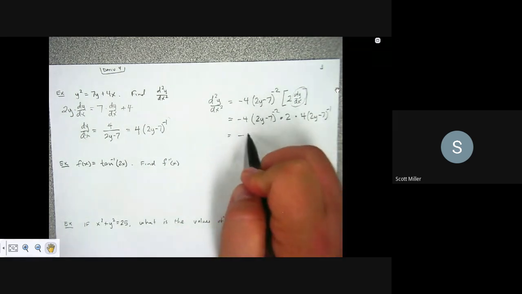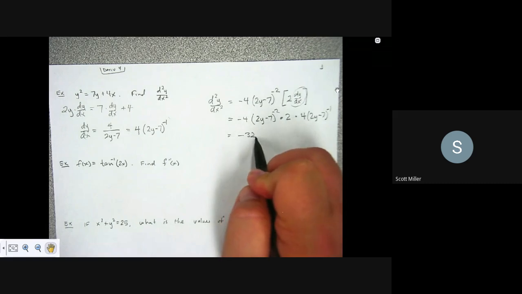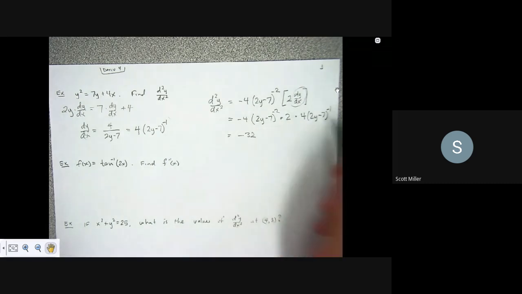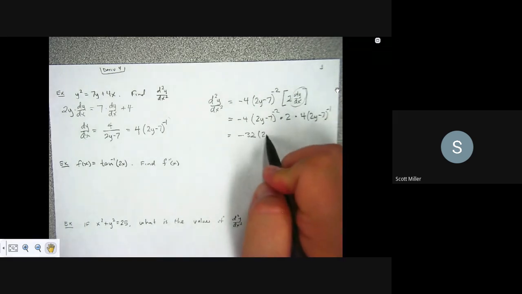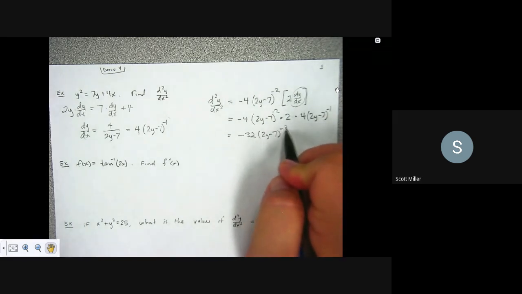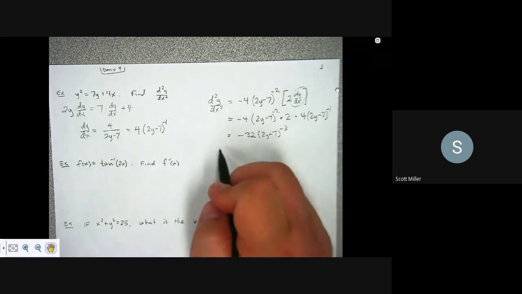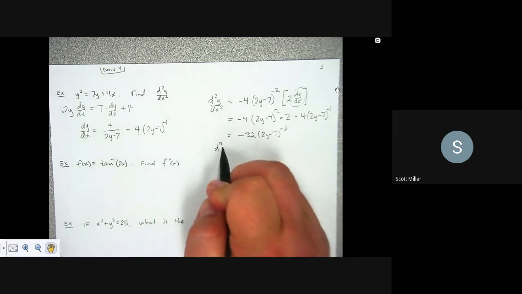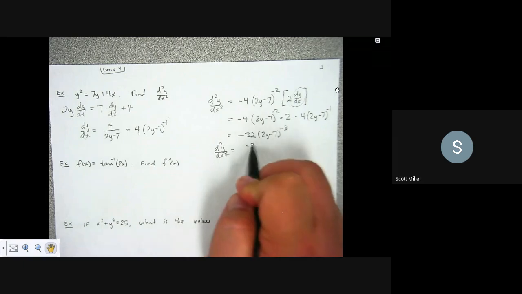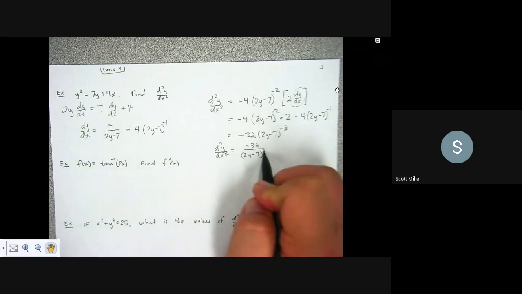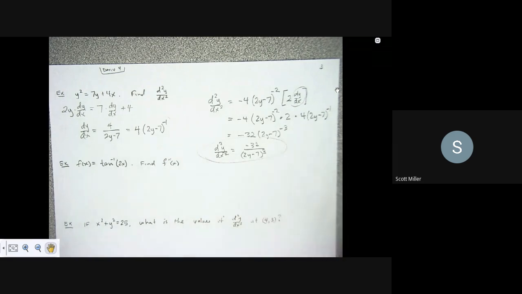This is a negative 32. I have negative 2 of those, a negative 1 of those, so I add the exponents, and I get 2y minus 7 to the negative 3. You can leave it like that, or you can write it without negative exponents, which would be a negative 32 over 2y minus 7 to the positive 3. Either way of those two is fine.